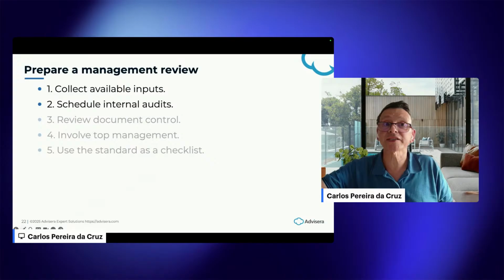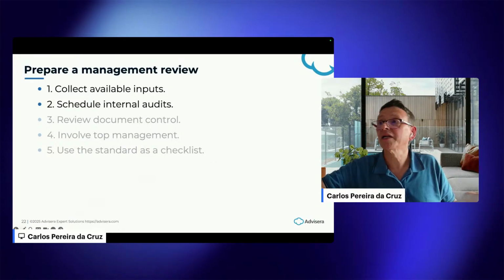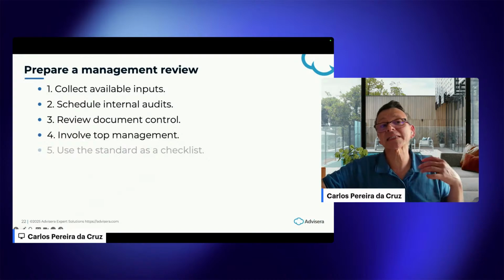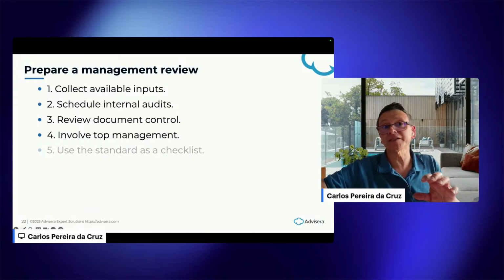Schedule internal audits. At least one internal audit should be done before the meeting to identify system gaps. Then review document control, confirm the new documentation is in place, in use, and understood. Involve top management, so they must lead the review and confirm the EMS suitability, adequacy, and effectiveness.